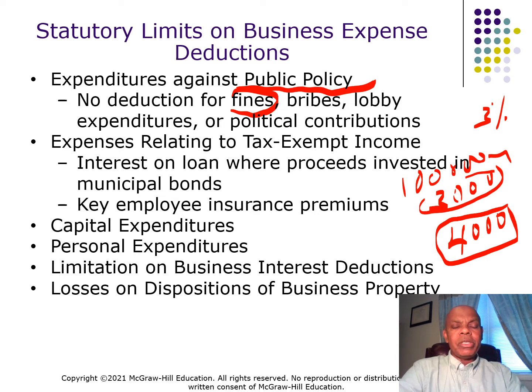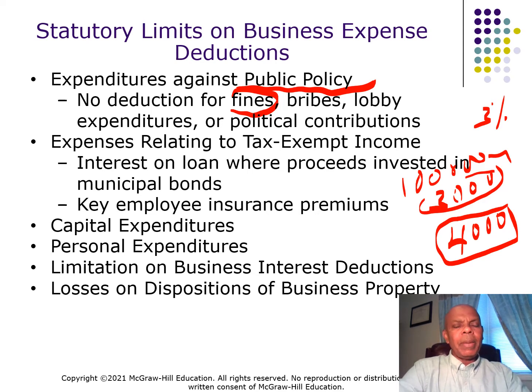For whatever reason that person passes away, the company gets the proceeds. It's not taxable. By the same token, the premium you're paying to cover that insurance policy is not deductible.